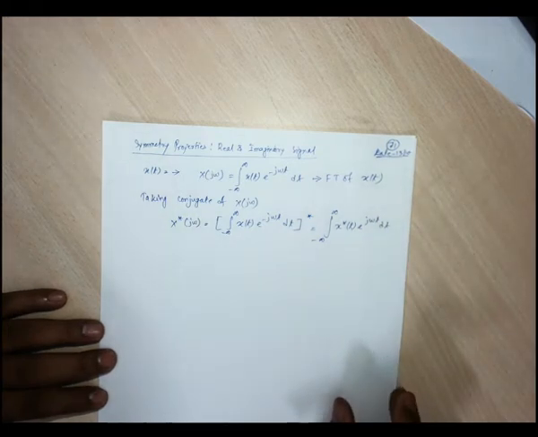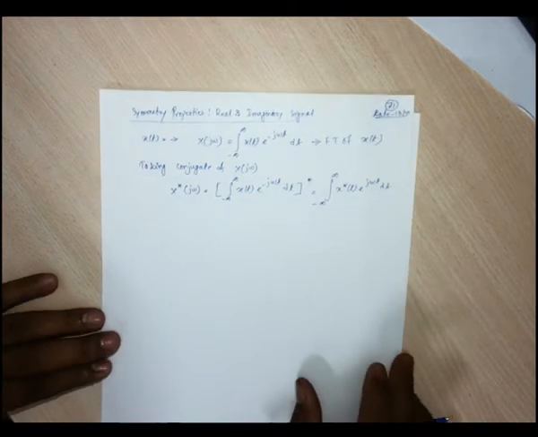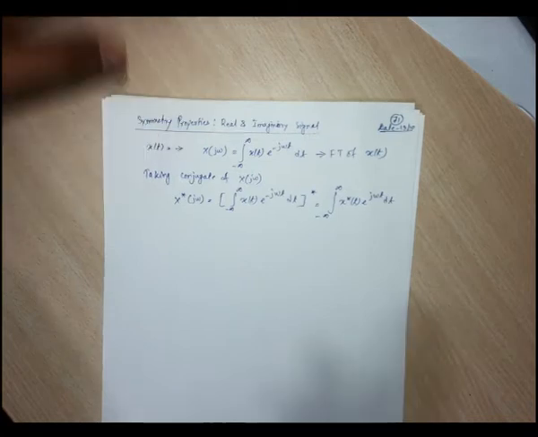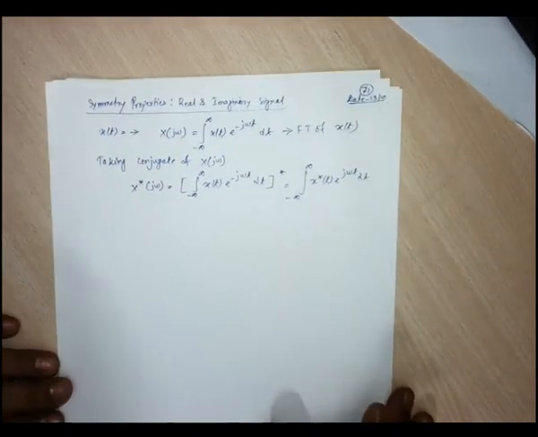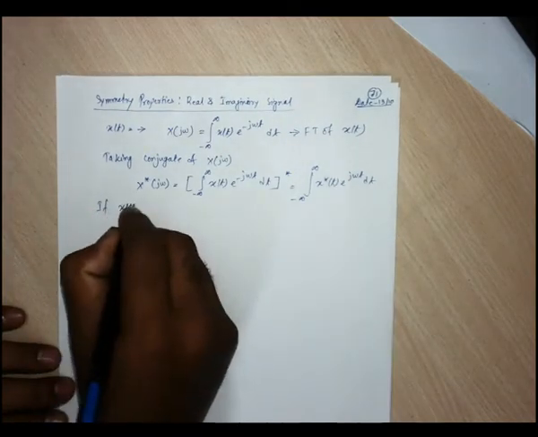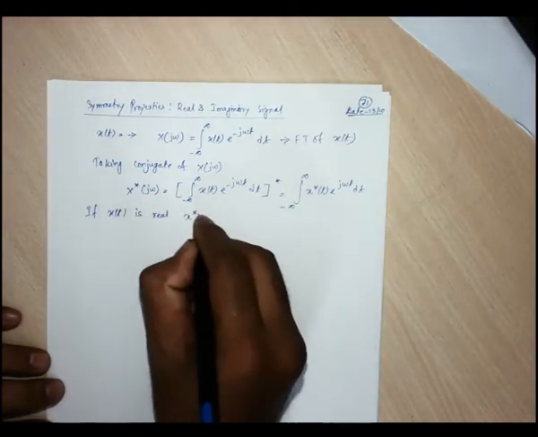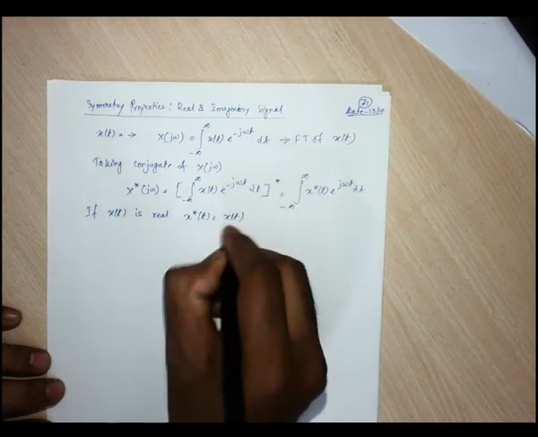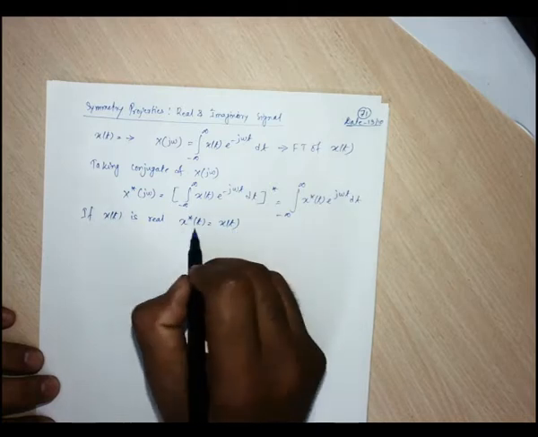Now if our x(t) is a real signal, then we can say the conjugate of x(t) is the same as x(t). Just try to understand. If x(t) is real, then x conjugate of t is the same as x of t. So we use this value here.